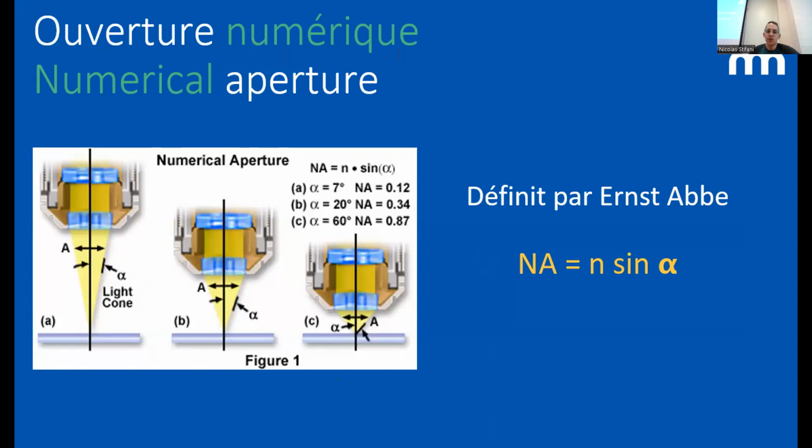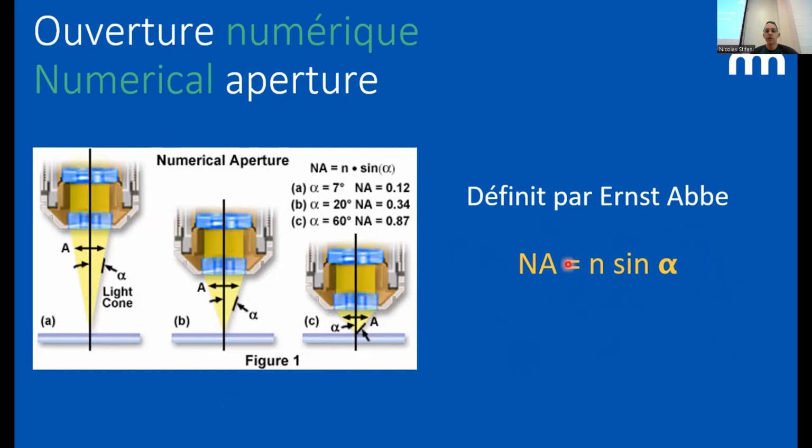If you think about the history of numerical aperture, it's actually funny, because Ernst Abbe decided to define numerical aperture as the multiplication of the refractive index and the sine of an angle. He just decided by himself. He didn't ask anyone, he just gave this definition. And he did that because this calculation is so useful that we're going to reuse it all the time. So it was kind of a shortcut to use NA.